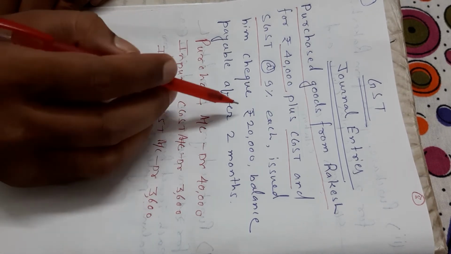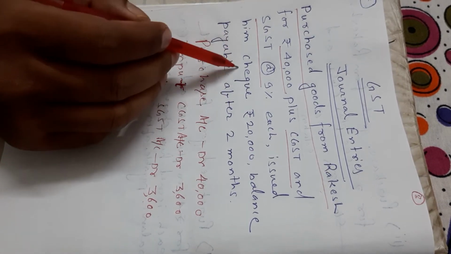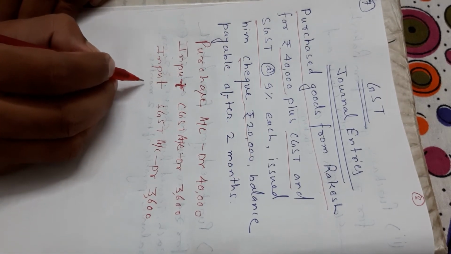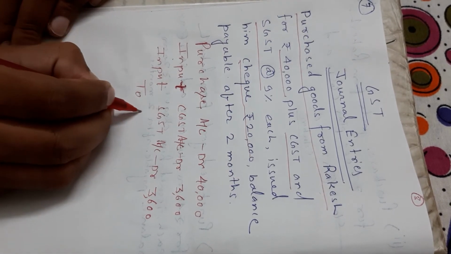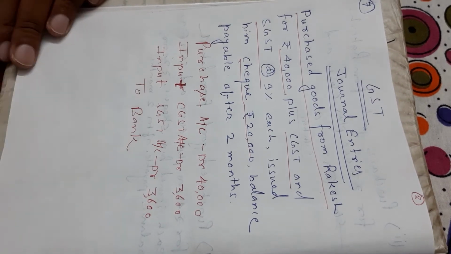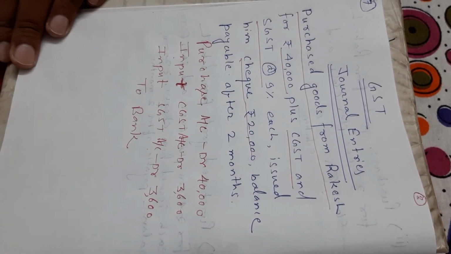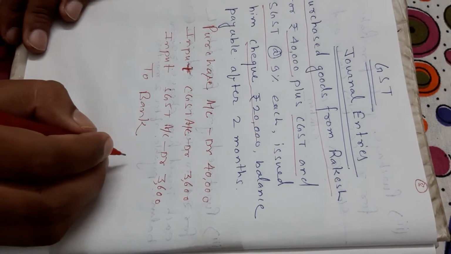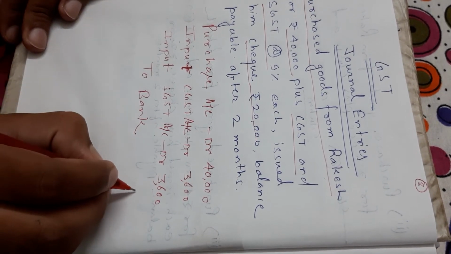How are they paying the amount? Through check. So here you will write To bank, and the amount: to bank account 20,000.